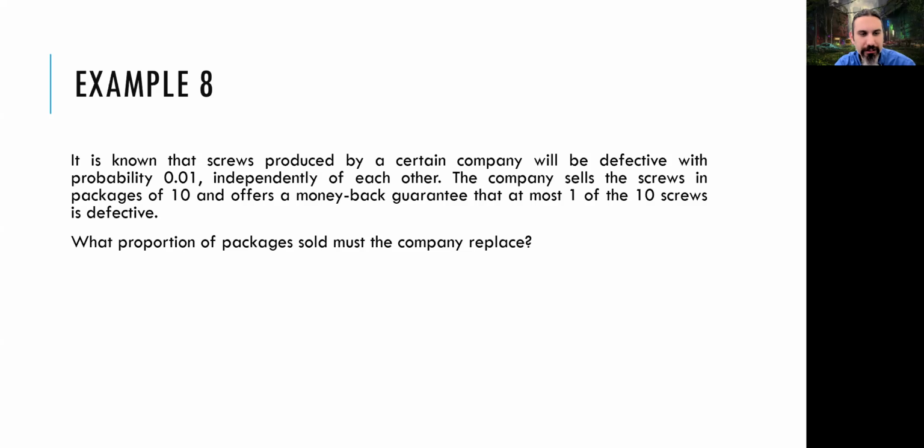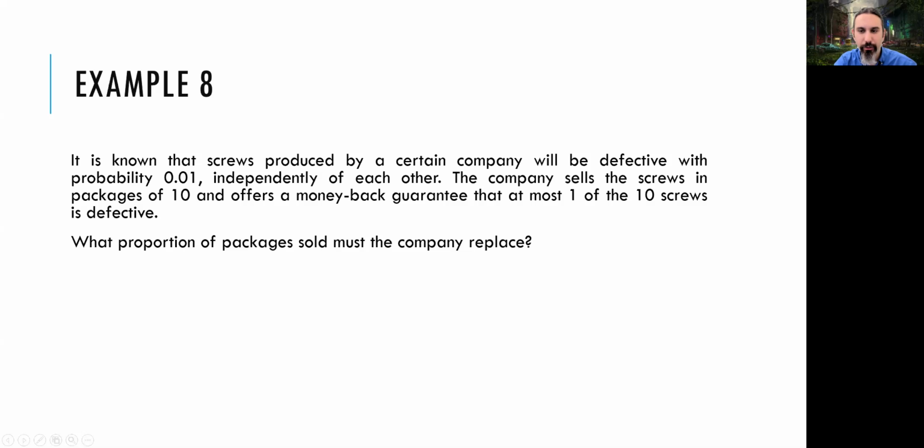So let's just say that finding a defective screw is a success. So my probability of success is given to me here, 0.01. This is my p value. My n, number of trials, is given here, packages of 10. So n is 10, p is 0.01. And I have the value of i as 0. No successes, no defectives in there.